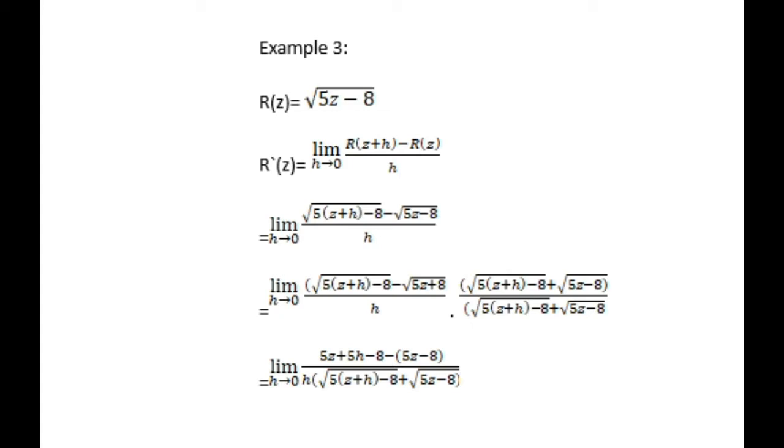In this problem, we're going to have to rationalize the numerator. We multiply both the numerator and the denominator by the numerator, except we change the sign between the two terms.